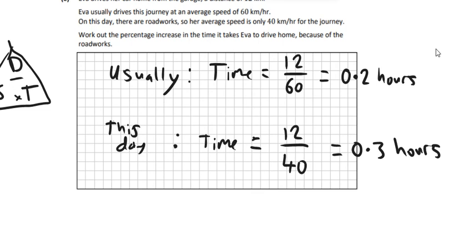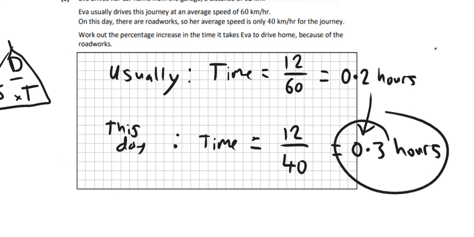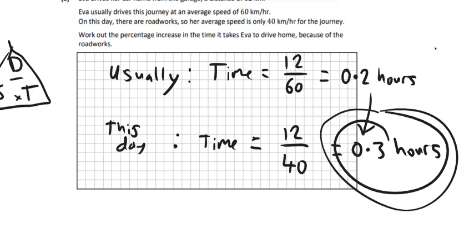So the percentage increase then, well, there's a difference of 0.1 out of the 0.2, and then you times that by 100. Or you can just see that on the day there's roadworks, it's taken the 0.2 hours again, which is 12 minutes, but then it's taken an extra half of that again.